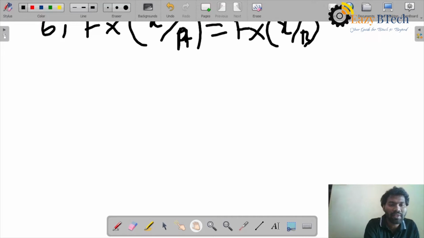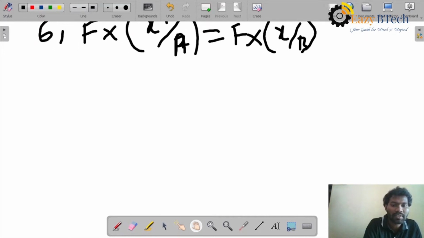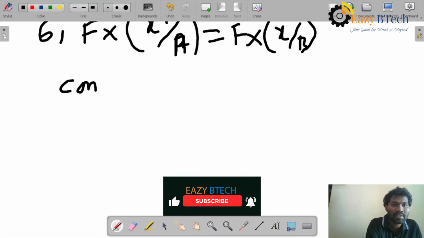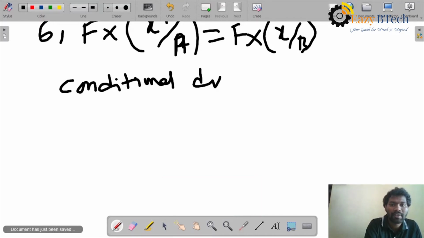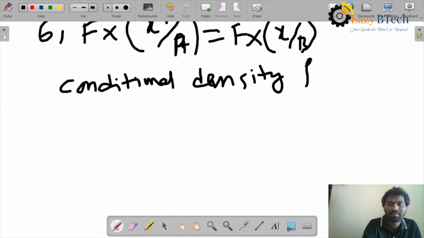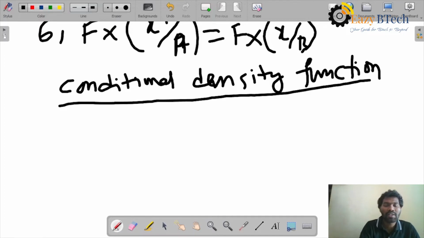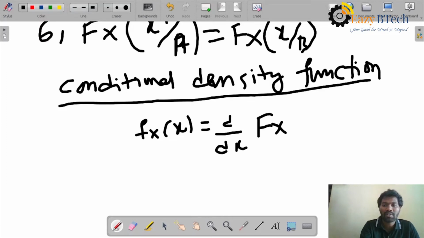So now the next concept is the continuation of the conditional distribution function. That is the conditional density function. So we all know the relationship between distribution function and density function. The density function is the derivative of the distribution function: fx(x) equal to d/dx of Fx(x).